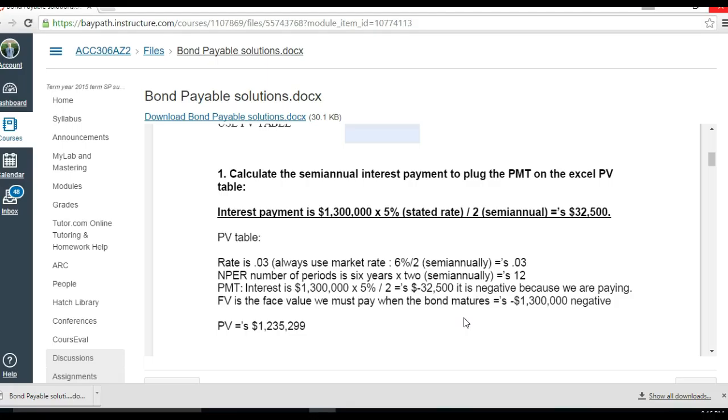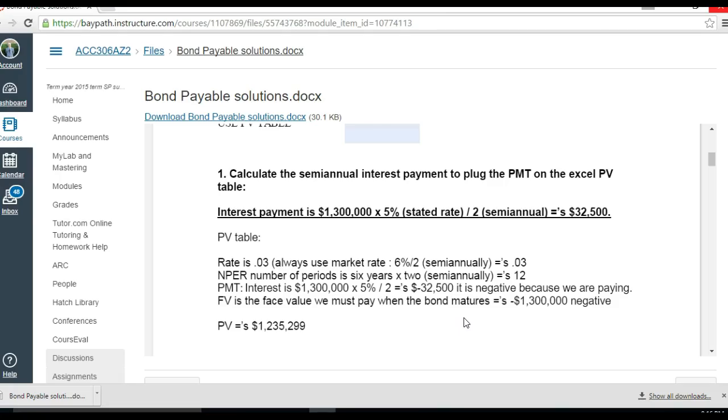The face value we must pay when the bond matures is a negative $1,300,000. So when that bond matures in 6 years, we have to return the face value, which is $1,300,000, and make that negative because we're paying that out.